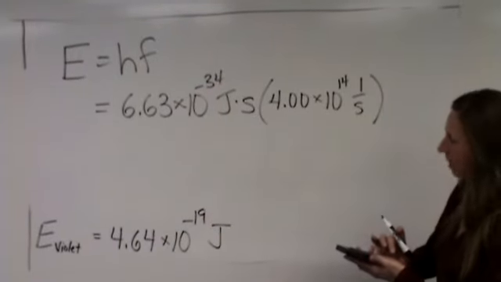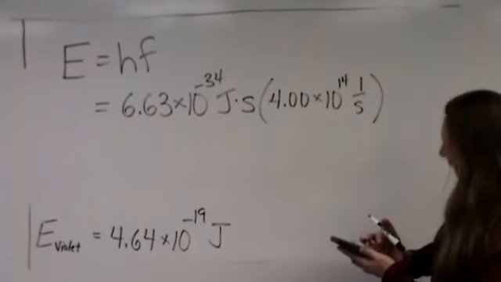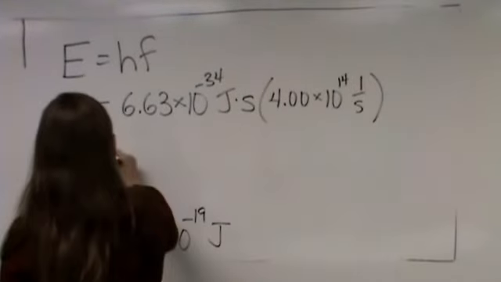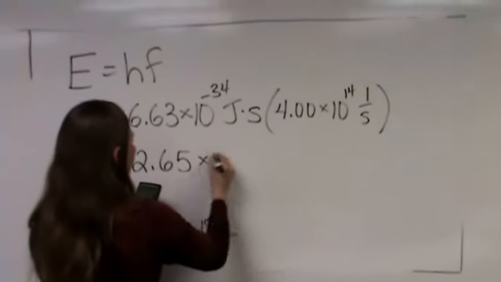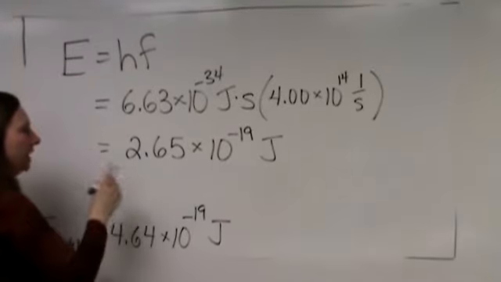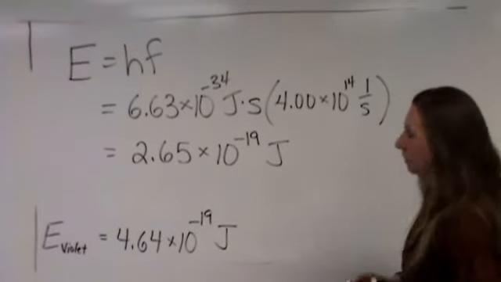6.63 E negative 34 times 4 E 14, and we get 2.65 times 10 to the negative 19 joules. That's the amount of energy possessed by a red photon of light.